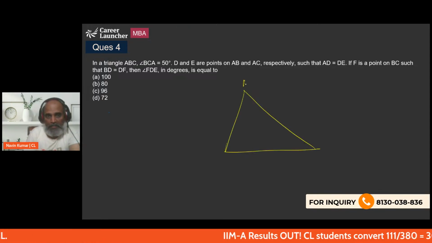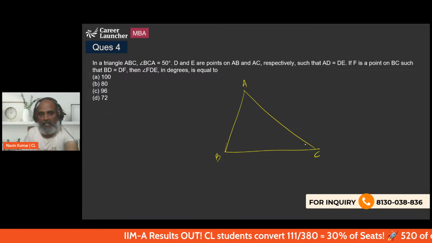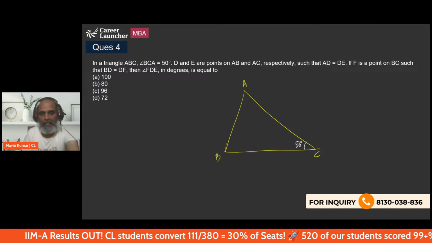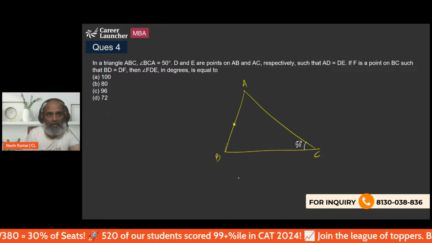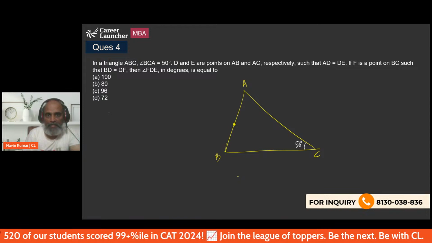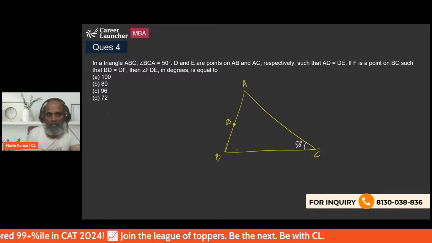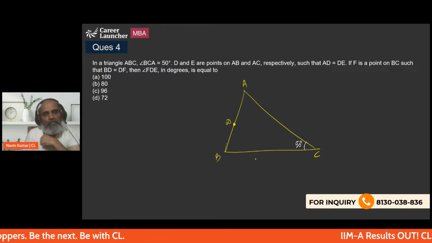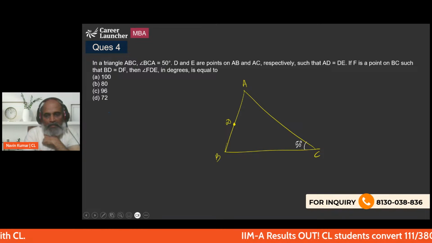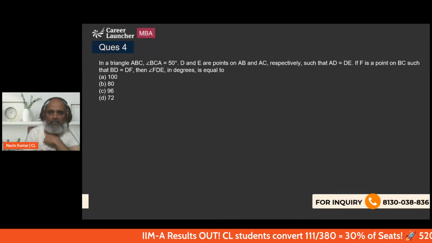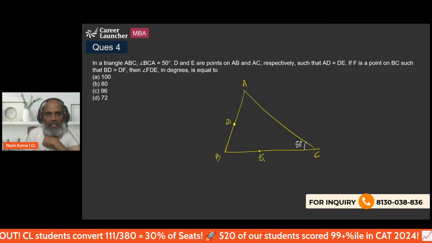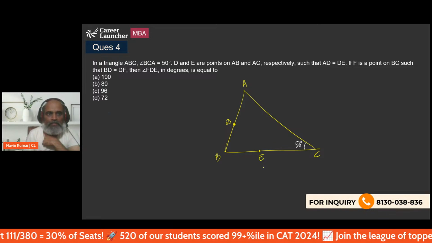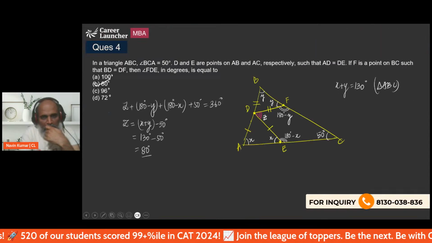So we are given a triangle ABC and the angle at C is given as 50 degrees, and then there is a point D on AB. Okay, did I make a mistake?